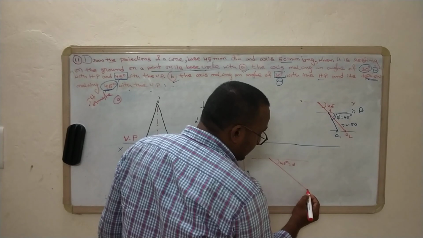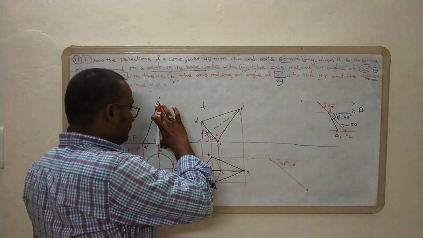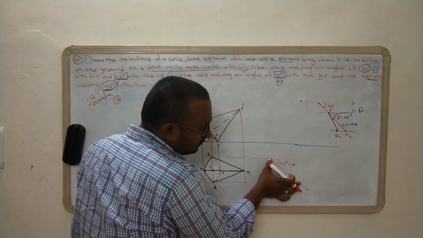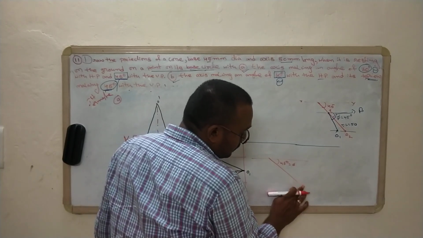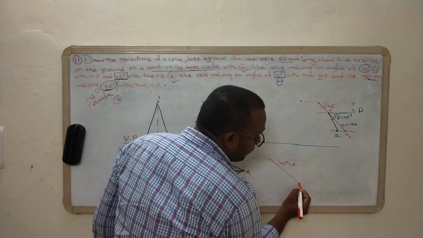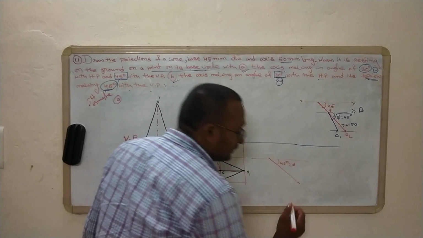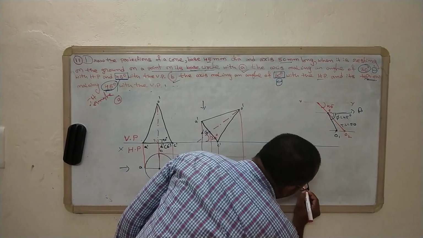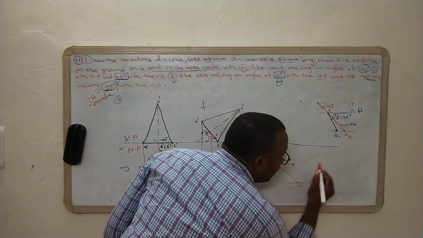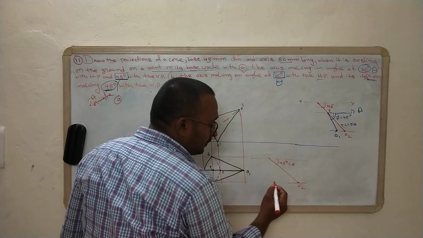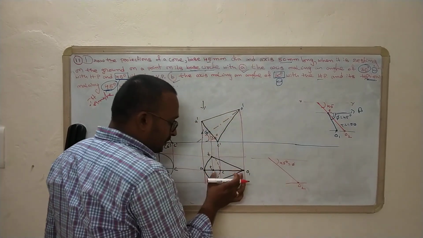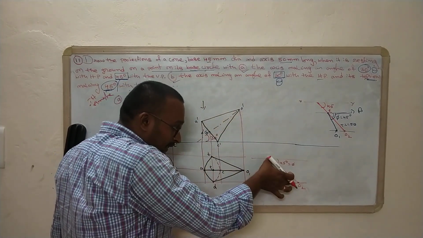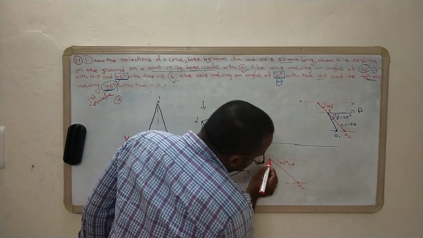Then this is the axis length. Here this is the axis length, and then draw the horizontal line over here, that is O2, and then take the radius of P1 O1 and cut an arc onto the same.